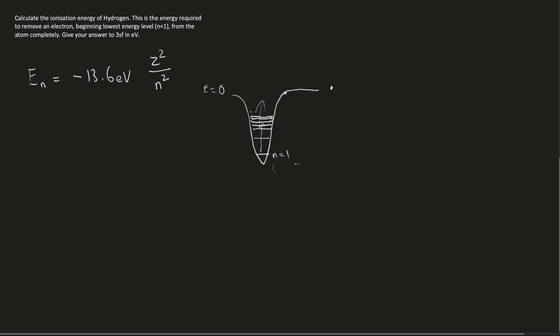If we start off at negative 13.6 electron volts, to get the electron up to an energy of 0, which means it's beyond the reach of the atom, so to speak, it's no longer bound, we need to put in 13.6 electron volts of energy. So the ionization energy is 13.6 electron volts.